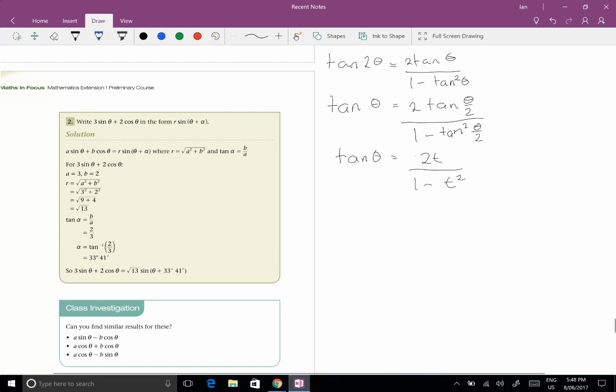Well, let's draw ourselves a little triangle. And if this is theta, well, this is 2t, and this is 1 minus t squared. And this will become the square root of 2t squared plus 1 minus t squared squared.